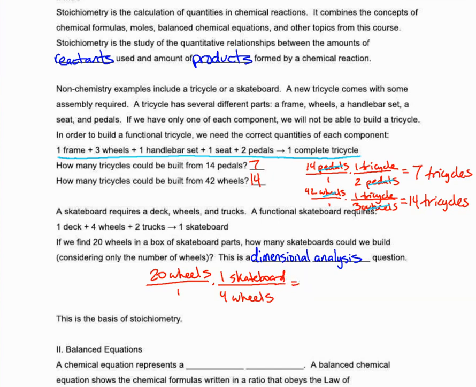We put wheels on bottom because it's the unit we started with, and by putting it on bottom it will cancel. And it leaves us on top with the units that we want, and that is skateboards. 20 divided by 4. Could make 5 skateboards based on the number of wheels.